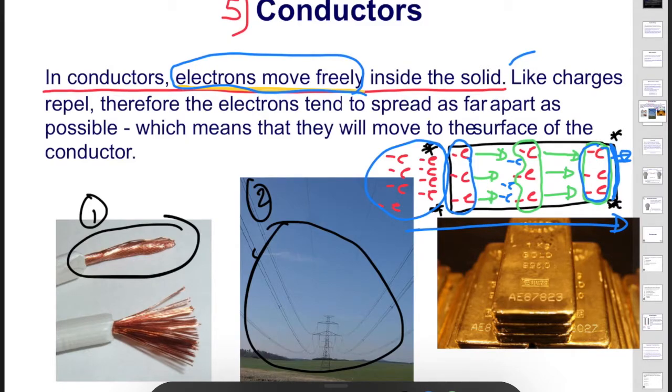Now here they use a combination of materials. They're not going to be only copper. Normally they mix different types of material depending on how much electricity they need to move, to try to create the best conductor possible. And the third example right here is gold.